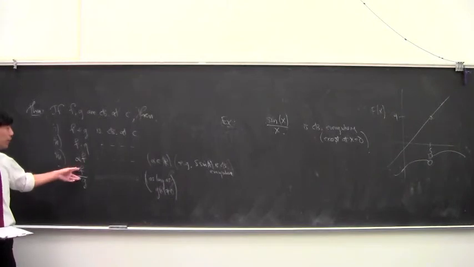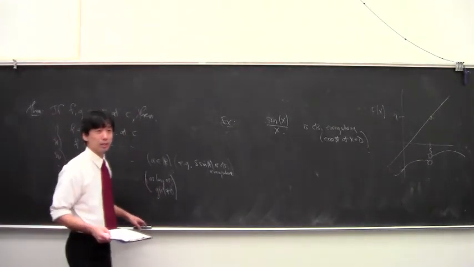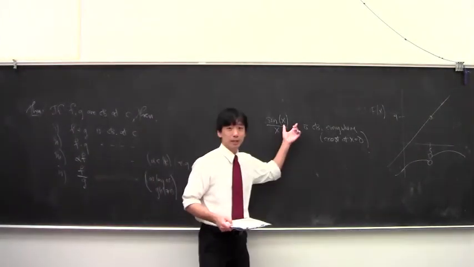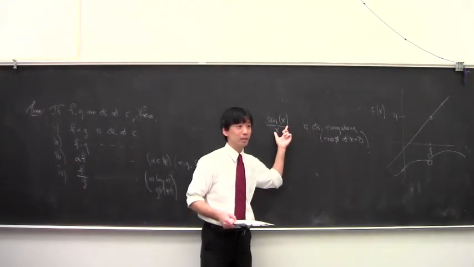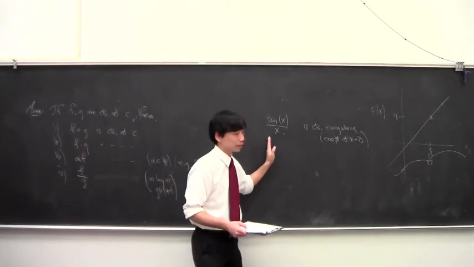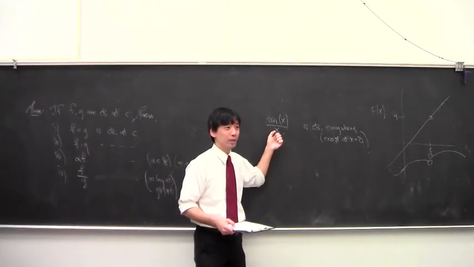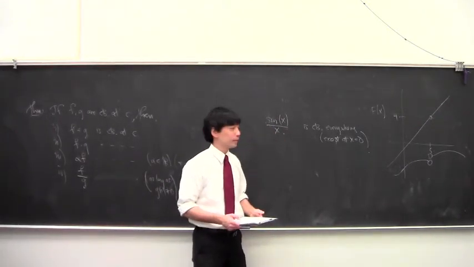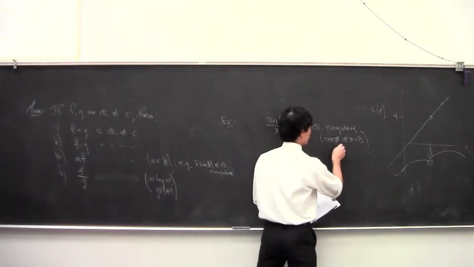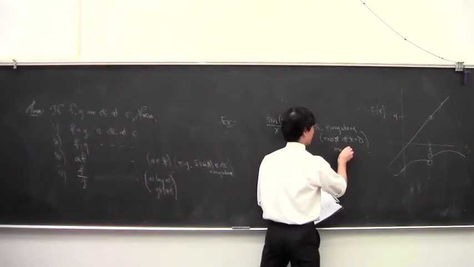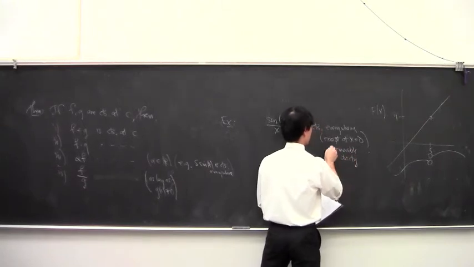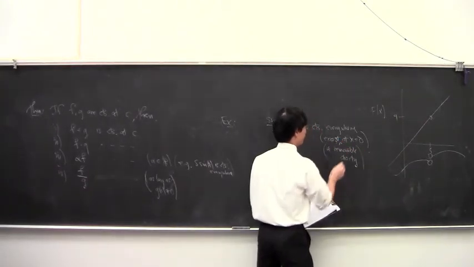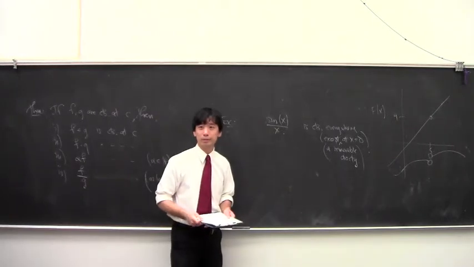The ratio of continuous functions is still going to be continuous. And in this case, you can remove the discontinuity at 0 because we know the limit is 1 there. So we actually can fill it in with a value of 1 and make it continuous. So it's a removable discontinuity at 0.